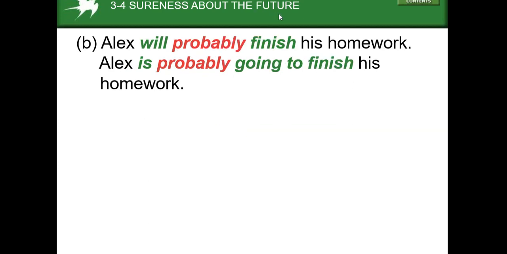Sureness about the future. Alex will probably finish his homework. Alex is probably going to finish his homework. So pay attention to the word probably, okay? Probably. It is not 100.